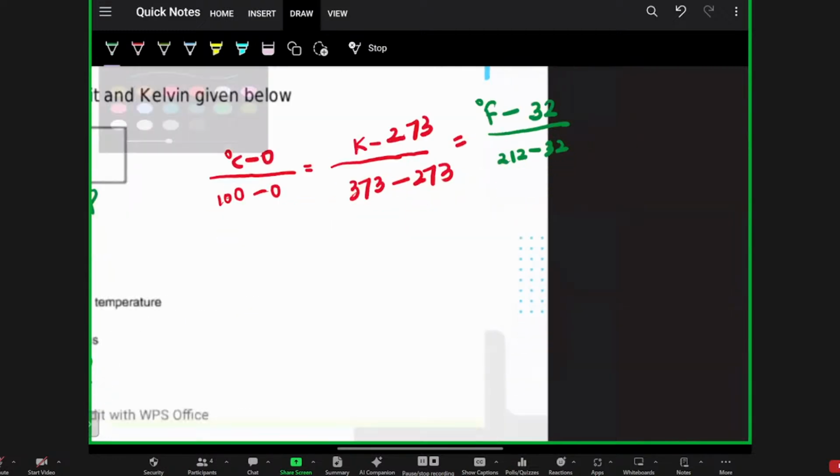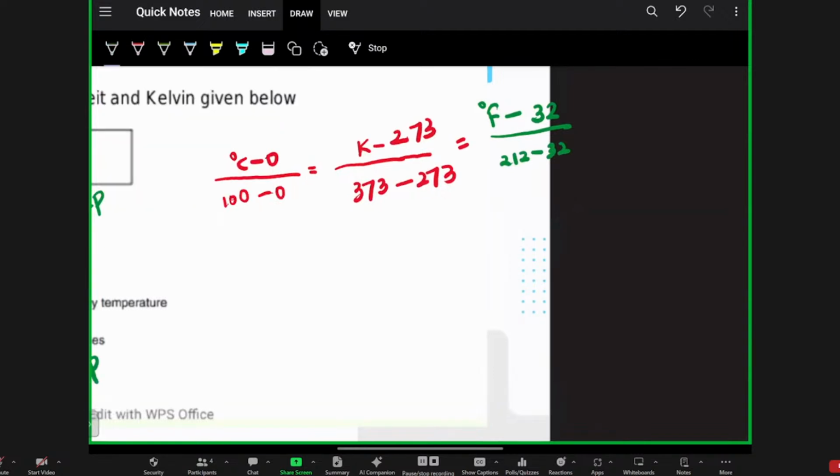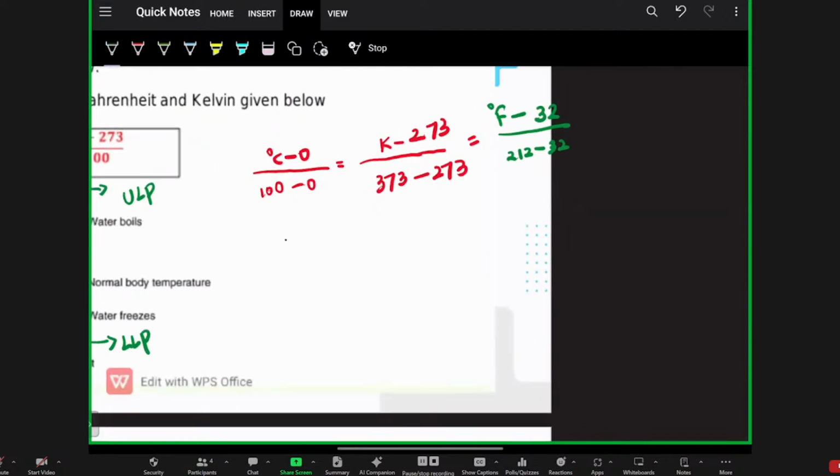So we can write degree Celsius divided by 100 minus 0, which is 100, is equal to K minus 273 divided by 373 minus 273, which is 100, which is equal to degree Fahrenheit minus 32 divided by 212 minus 32, which is 180.